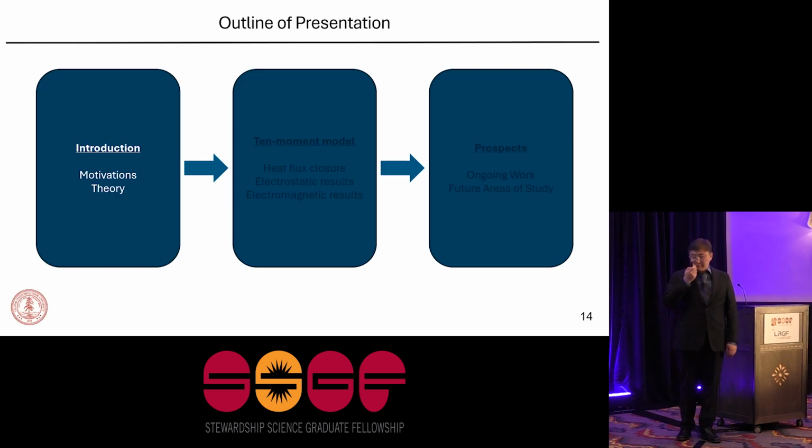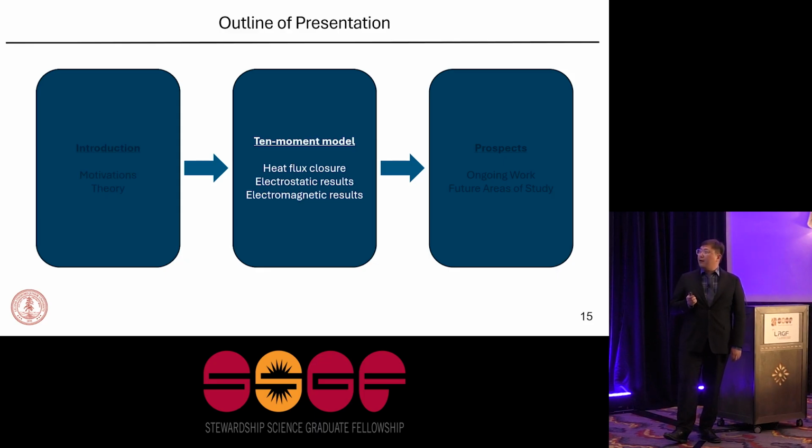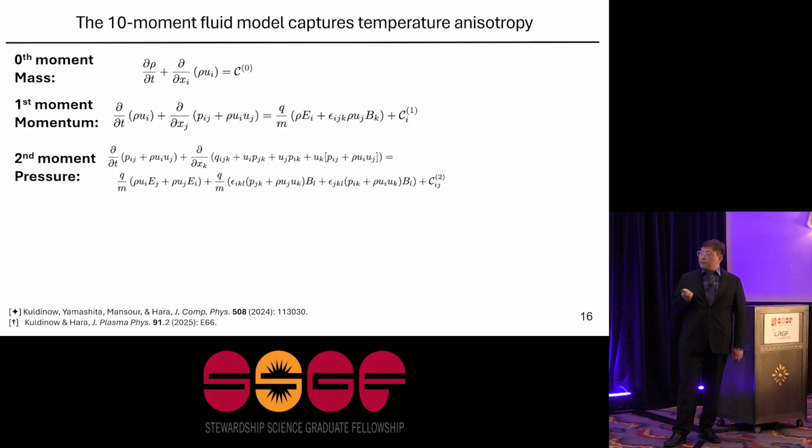kinetic effects. So specifically talking about the 10-moment model, I have equations down here. The first two are the conservation of mass and momentum, and the third one is a generalization of the conservation of energy, where we're taking into account the temperature or the pressure in all three of the velocity dimensions.